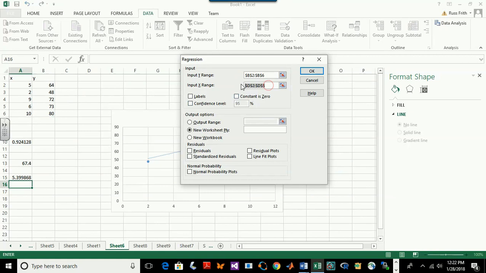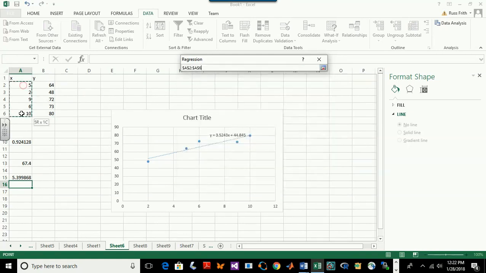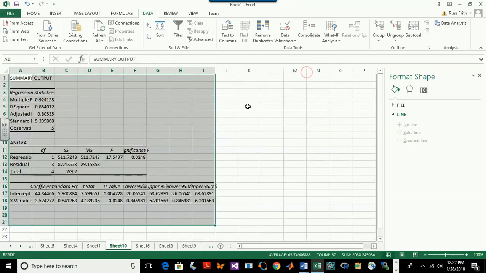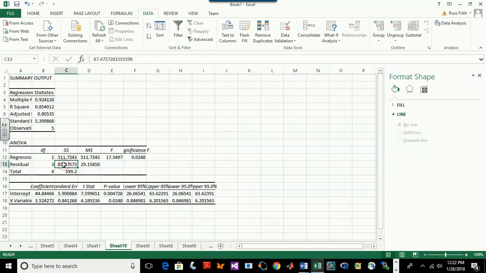The X values are here. Okay. The regression here, and so the unexplained variation is this value right here, 87.4745. Okay. Now you can, of course, calculate the sum of the squares of y hat minus y bar.